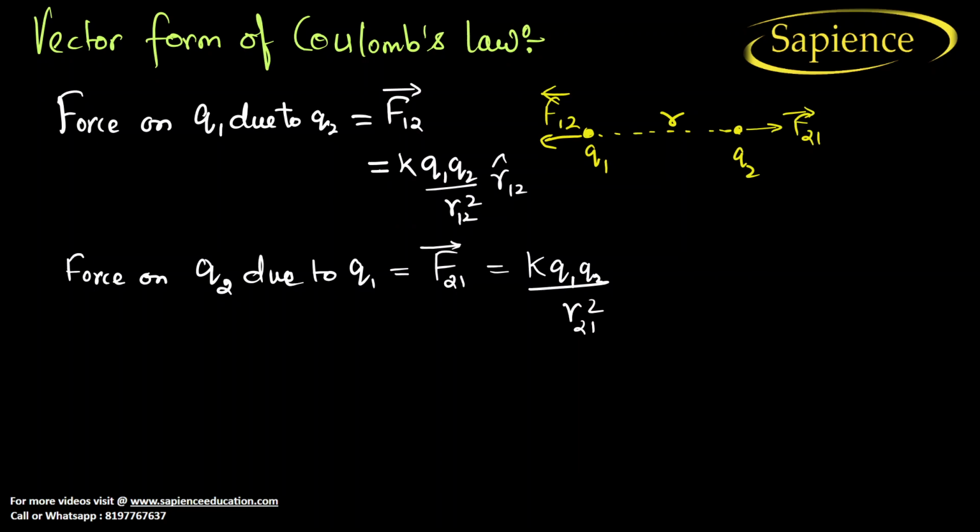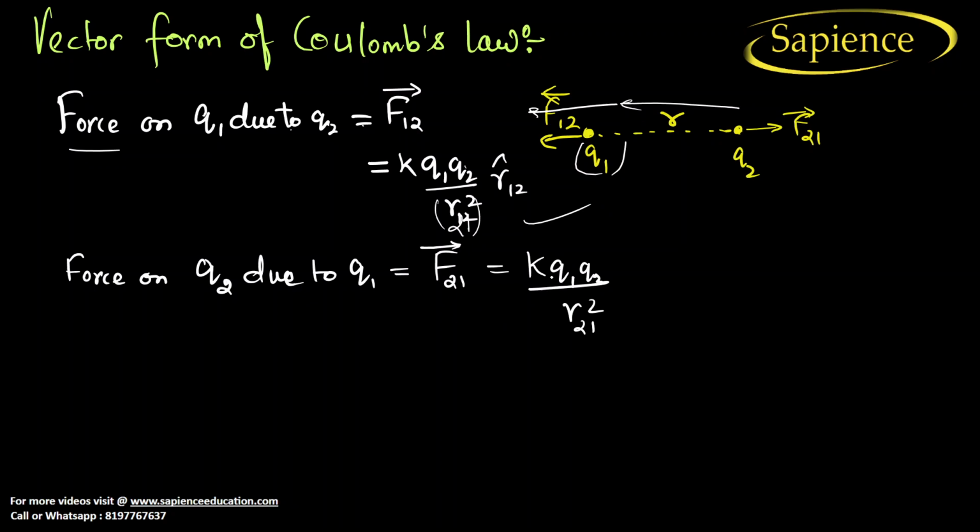Now, one more important thing, a revision: force on q1 due to q2 is equal to k q1 q2 by r21. Why r21? Because the force is in this direction, so r will go from this to this direction.